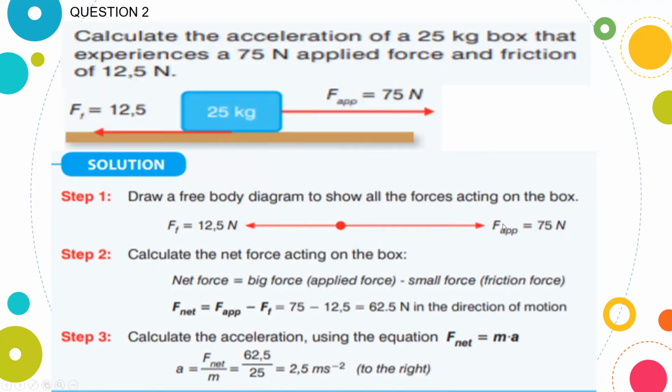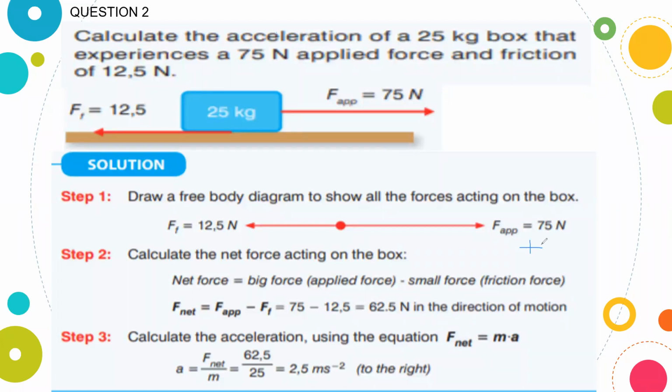Now we have applied force 75 newtons. This is our step one. Applied force 75 newtons, friction force is 12,5 newtons, and we are calculating the net force. You can use this formula: net force equals the big force, the applied force, minus the small force. Or you can choose one side as positive. Let's show that option also, maybe you like that one better.